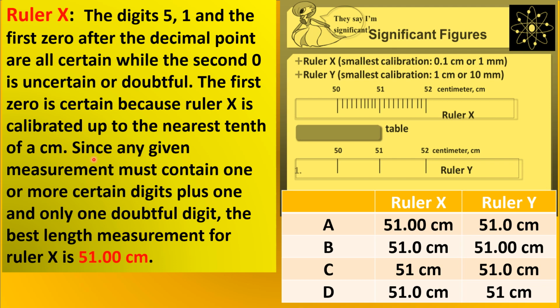Since by definition of significant figures, any given measurement must contain one or more certain digits plus one and only one doubtful or uncertain digit, it follows that the best length measurement for ruler X must be 51.00 centimeters.